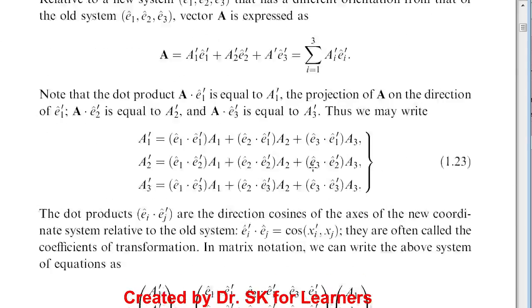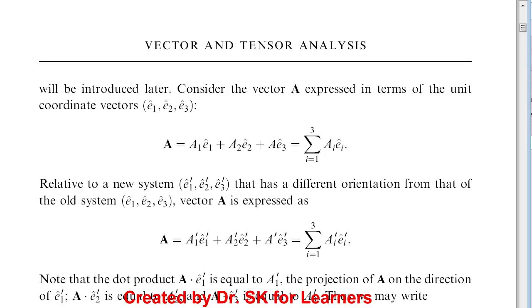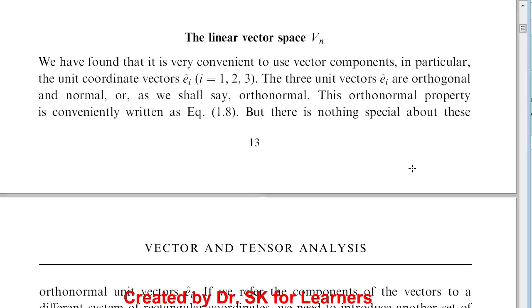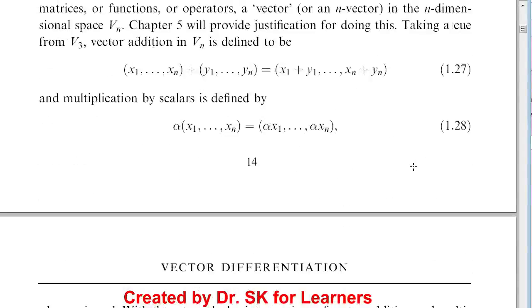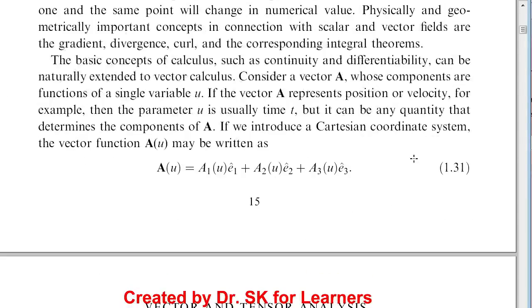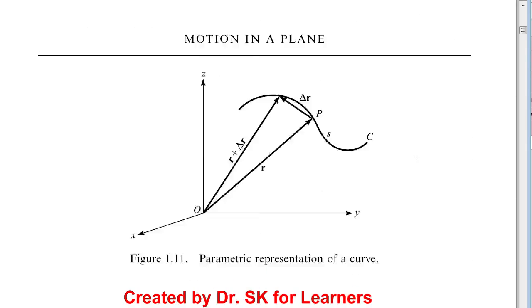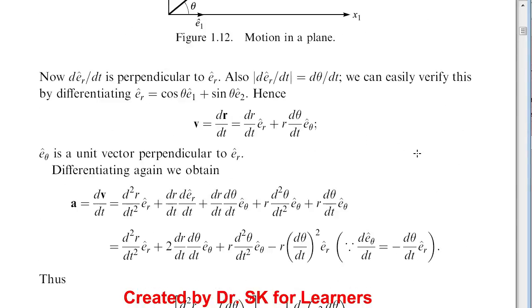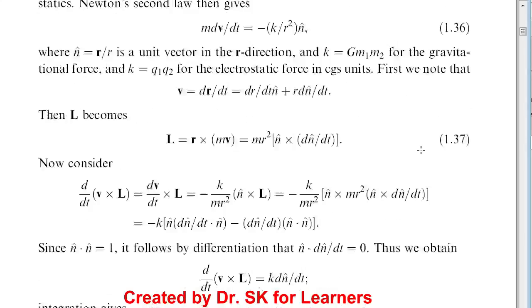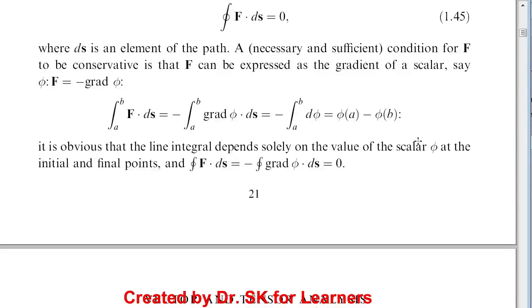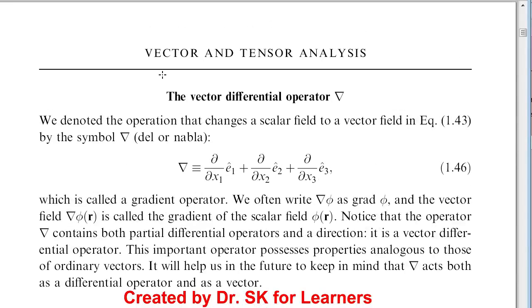So this is what we had to learn today, and in our next class probably we'll discuss some of the applications of the vector triple product and scalar triple product. We are not going to discuss these things here, because these things will only increase the complexity.